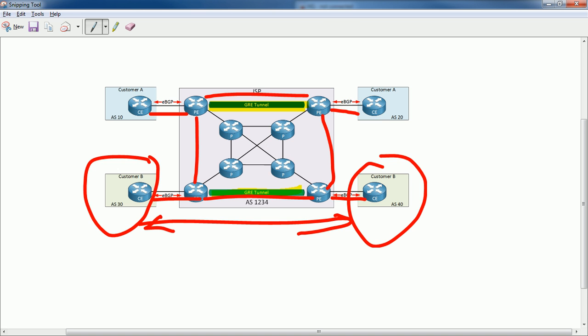Let's take a close look at the solution I described above.